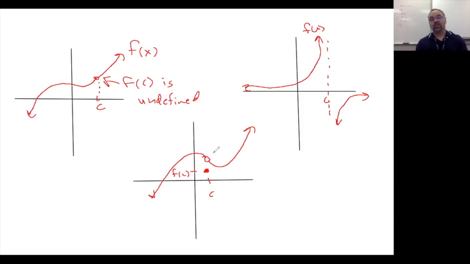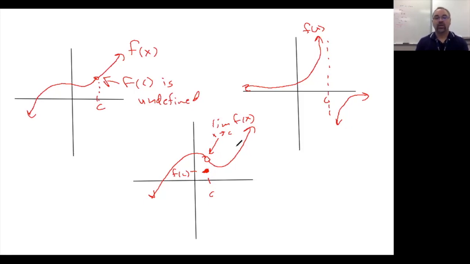So does the limit exist? Of course, the limit does exist. The left and right hand limits both approach this point right here. That's the limit as x approaches C of f of x. Is the function defined at C? Sure. Here's f of C right down here. So what's the problem? The problem is that the limit does not equal f of C. f of C is down here, the limit's up here.